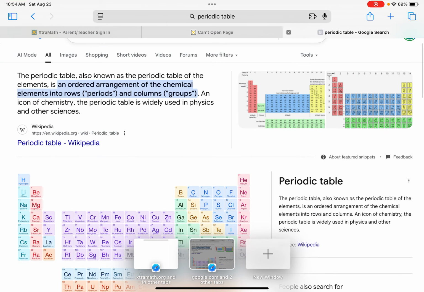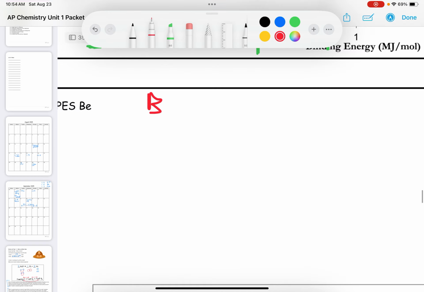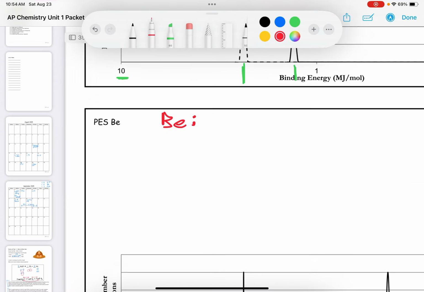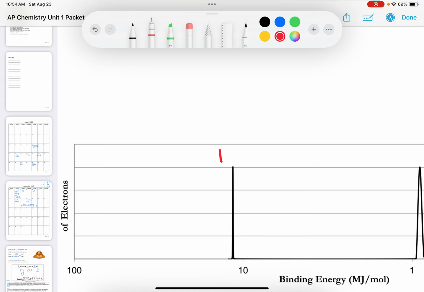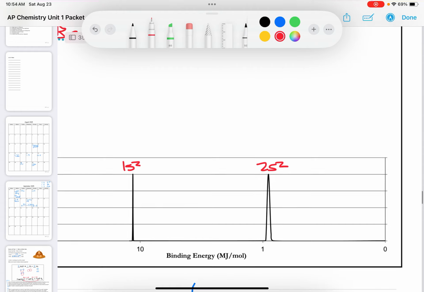For beryllium, and I'll do that one in red, according to the periodic table and according to the photoelectron spectrum below, we're going to have a 1s2, 2s2 electron configuration.